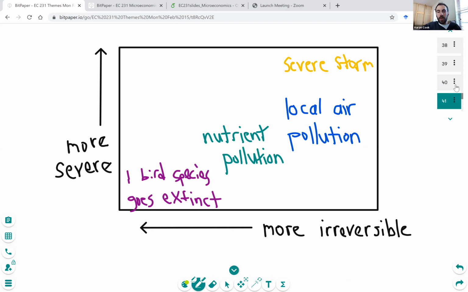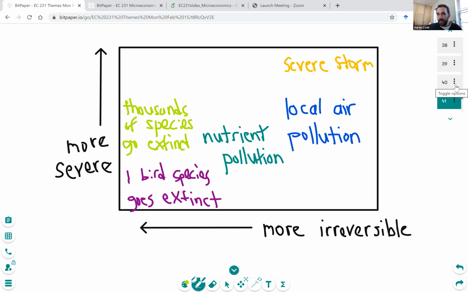An example that would be irreversible and more severe would be if, say, thousands of species of birds and other mammals and plants go extinct. At that point, potentially you're talking about disrupting entire ecosystems and the balance of the flow of energy and materials through an environment, which could have a lot of spillover effects and even directly reduce the overall quality of the environment, the desirability of going out into the outdoors and being able to enjoy that wildlife.